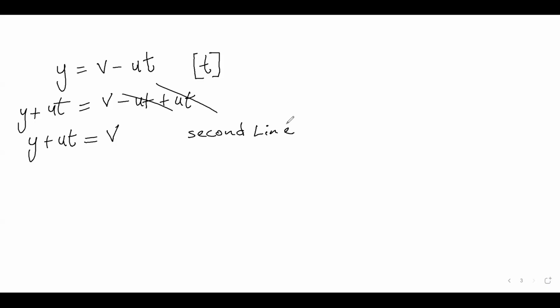Tell me if anybody is lost. Josiah, I moved the UT to the other side and it became positive. You cannot have negative V, Duncan.